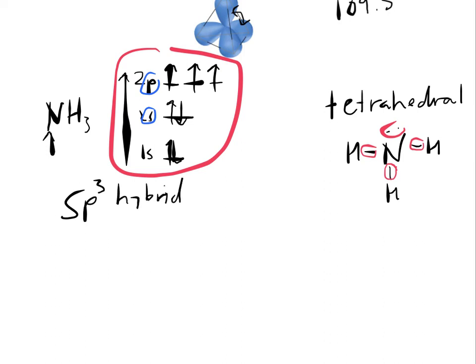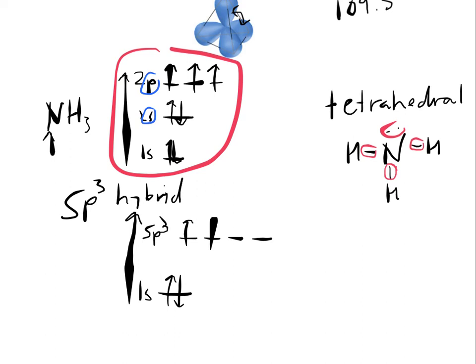So if we drew a new energy diagram that shows these orbitals hybridized, we would still have the 1s down here. It's too close to the nucleus to be involved in bonding. And what we're getting is the sp3 orbitals, which we now have 4 equivalent ones of equivalent energy. So these 5 valence electrons for nitrogen are now distributed like so. 1, 2, 3, 4, and 5.